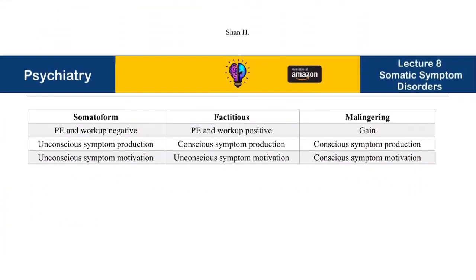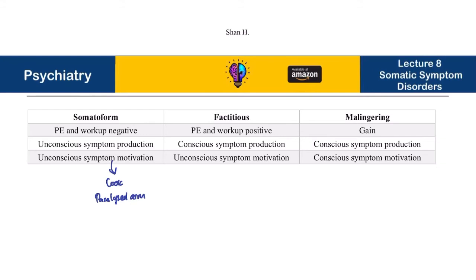Now, let's compare the three. Somatoform disorders, the physical examination and workup is negative. So, let's take that example of the cook, the paralyzed arm. When you do examinations, there's nothing wrong. The mind doesn't know it's producing these symptoms.